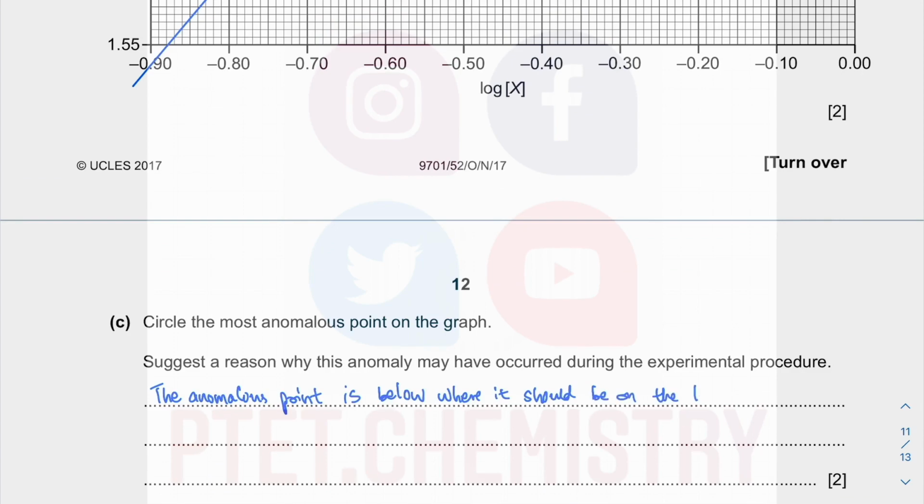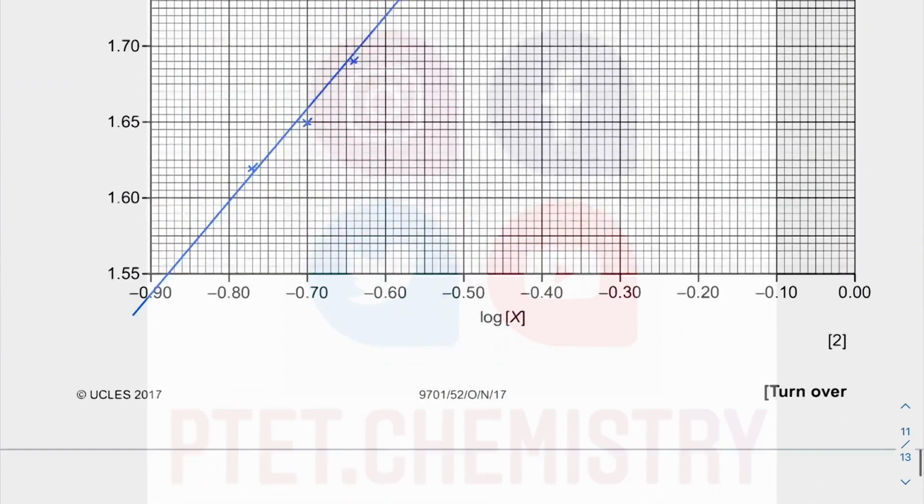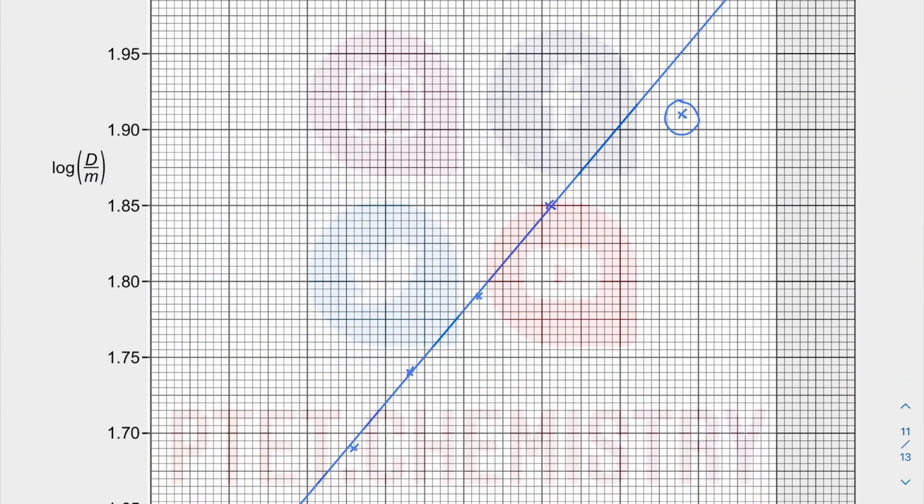When you think about an anomalous result, it's important to think about where it should be first, all right? So we're talking about the y-axis value. The y-axis value should be higher, okay? So this value for the y-axis is lower than where it should be.